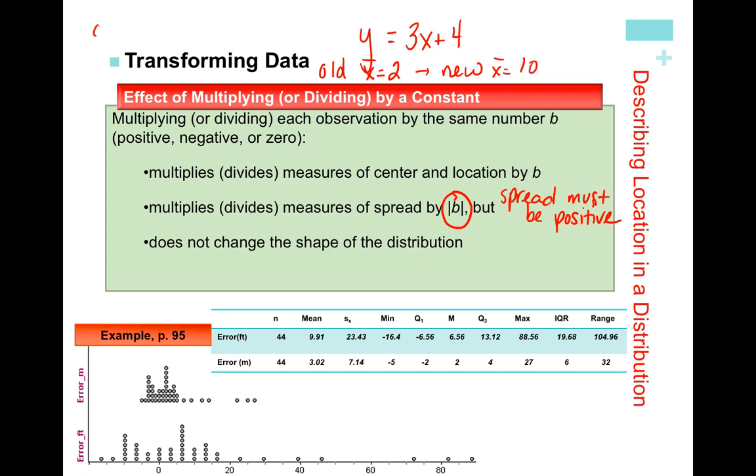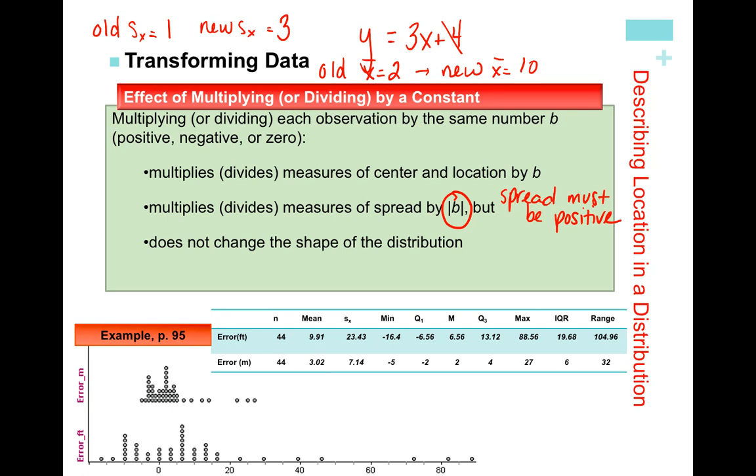But if you were looking at standard deviation, the original or old standard deviation was 1. Standard deviation is not impacted by addition or subtraction, so we wouldn't add this 4 at all. We would just take 3 times 1, and that new standard deviation would be 3. So just keep that in mind if you have linear transformations.